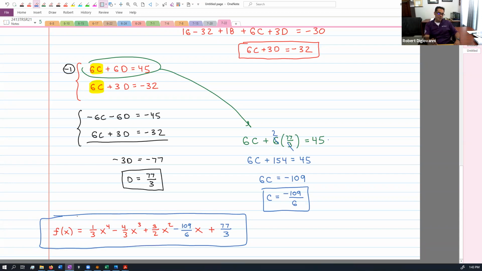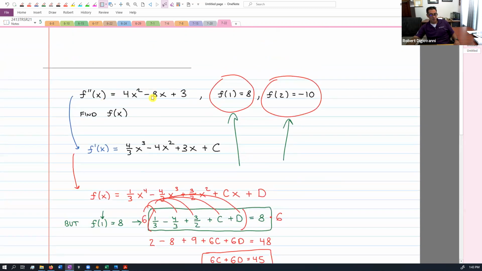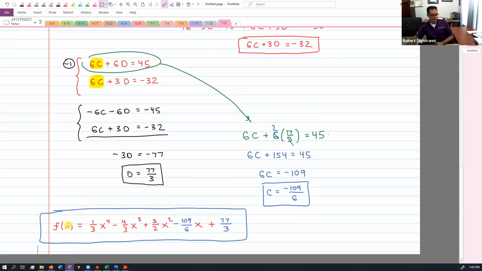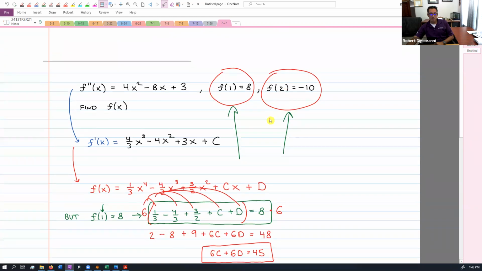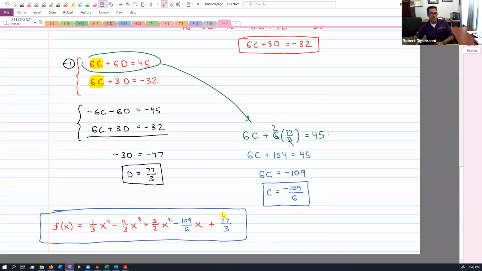So what I can tell you is this. If you take the derivative of this twice, okay? So take the first derivative and then take the second derivative. When you look at the second derivative, you're going to get back the original thing we started with, okay? That should happen. But more than that, if you plug 1 into this function, you're going to get 8. And if you plug in 2 into this function, you're going to get negative 10.